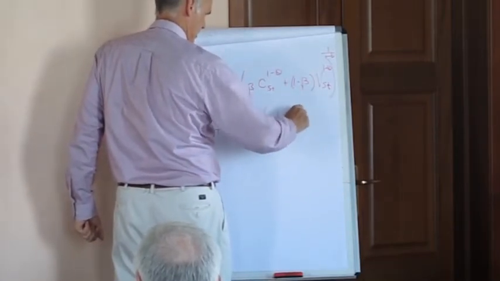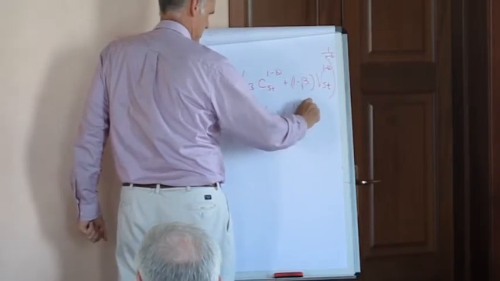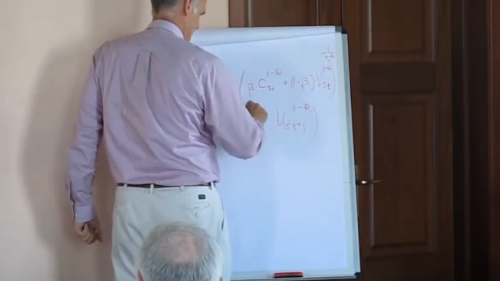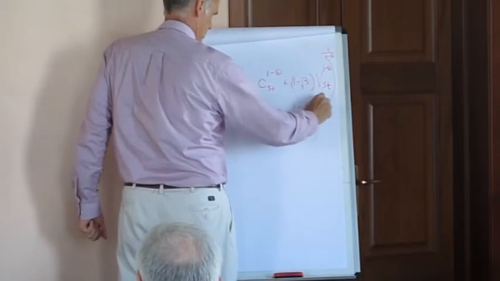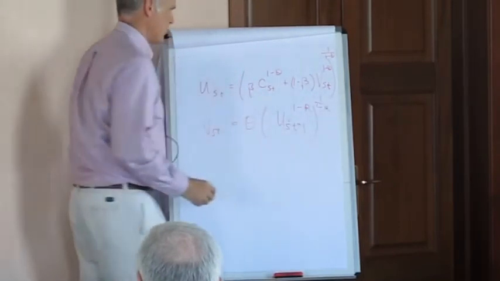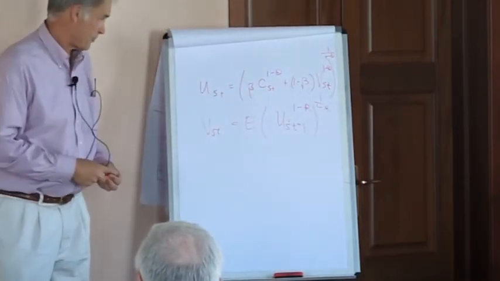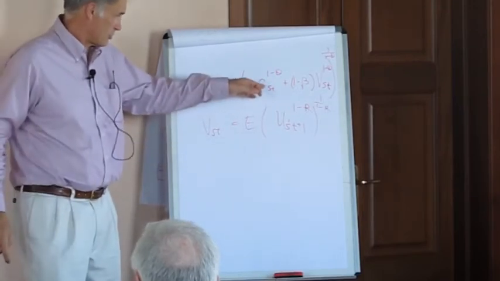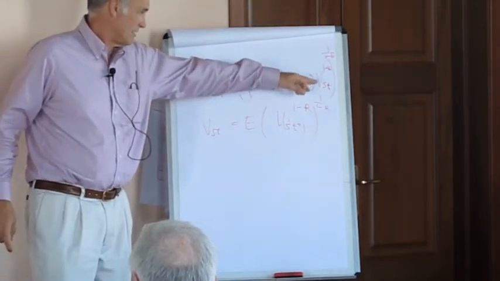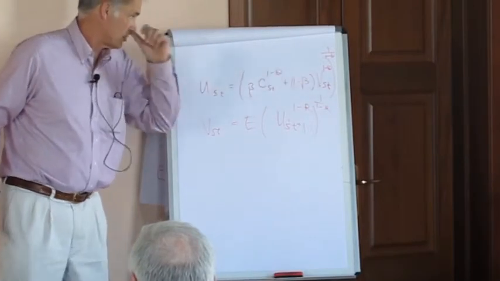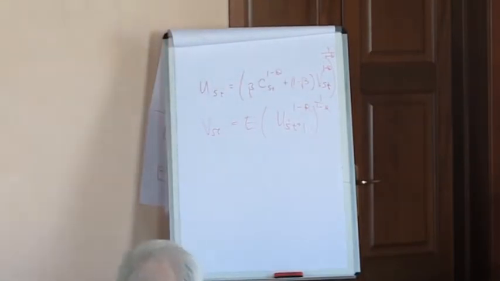So there's going to be a utility function here that's going to be 1 minus R to the 1 over 1 minus R. So in the recursive Epstein-Zin formulation, your utility depends on current consumption and the certainty equivalent of the future welfare. And so the interesting thing is, okay, can we do these things?